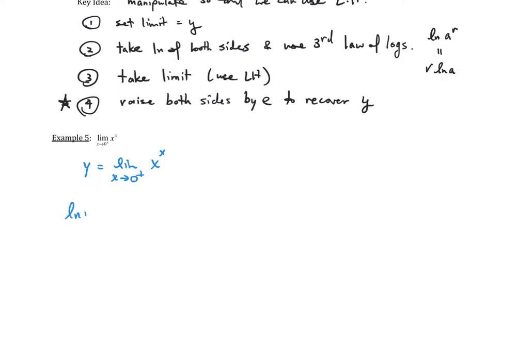So I got natural log of y is equal to the limit as x approaches 0 from the positive side, natural log of x to the x power. Now I can apply the third law of logarithms and bring this power down in front over here. So when I do that, I get natural log of y is equal to the limit as x goes to 0 from the positive side, x times natural log of x.